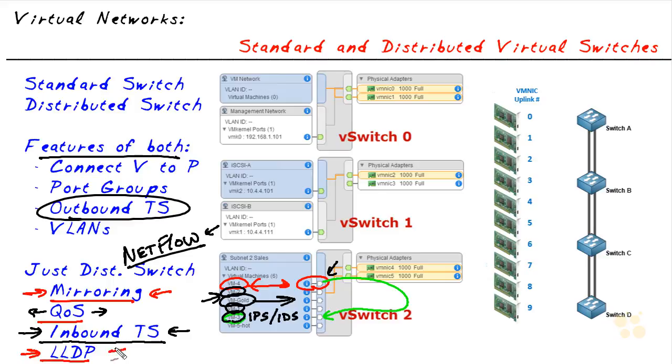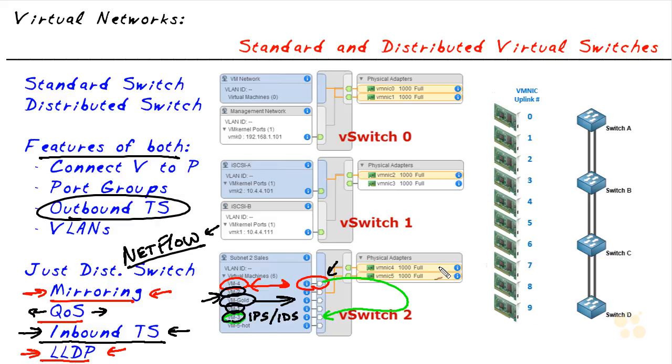And LLDP is Link Layer Discovery Protocol. LLDP is an open standard. It operates at layer 2 from the OSI reference model perspective, and it allows two devices to identify what's at the other end of the connection based on the little signals that are sent at layer 2 from each of the devices.